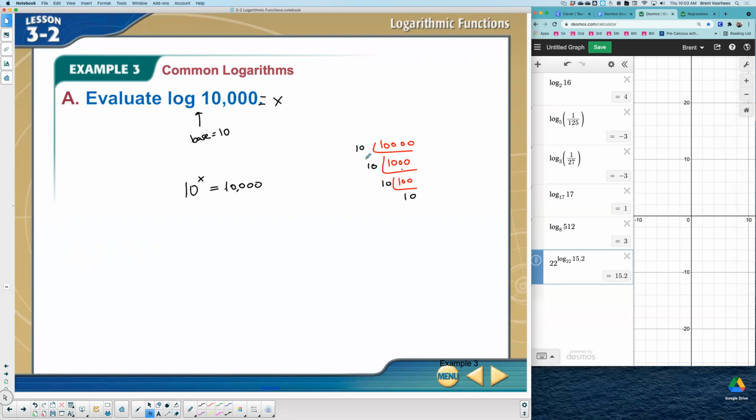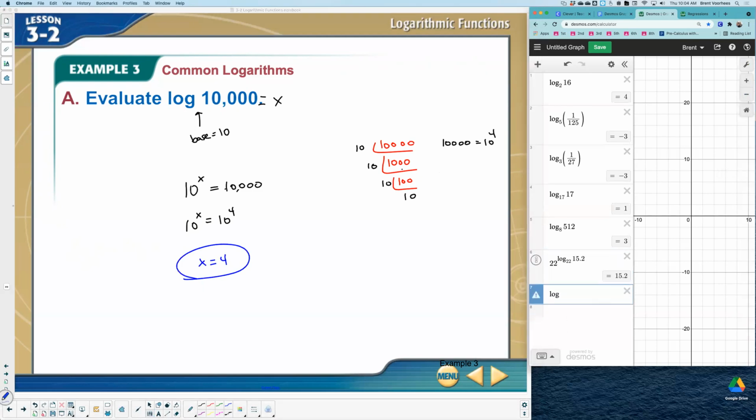How do you know when to stop doing this? When it's all the same base all the way across. So 10,000 equals 10 to the power of 4. So x equals 4. Log of 10,000 is 4. Notice every 0 was changing the answer by 1 greater each time.